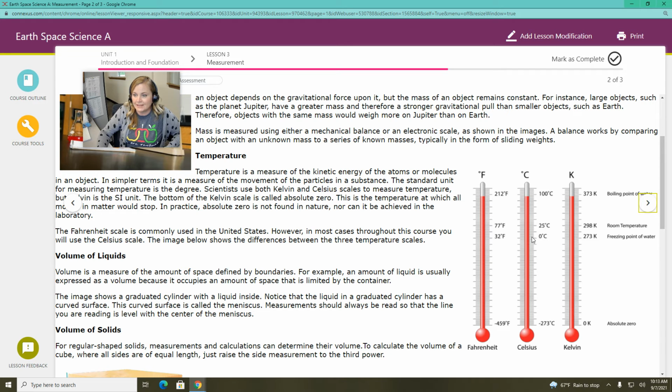And that means that the freezing point of water is actually 273 degrees Kelvin. By the way, I'm saying degrees Kelvin and I'm actually wrong because we don't say degrees, we just say Kelvin. So instead of saying 273 degrees Kelvin, we would just say 273 Kelvin. I don't know why they don't use degrees there, but they don't.